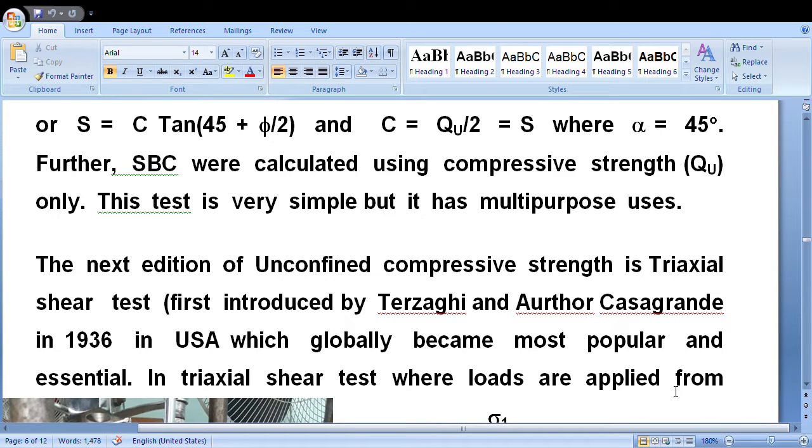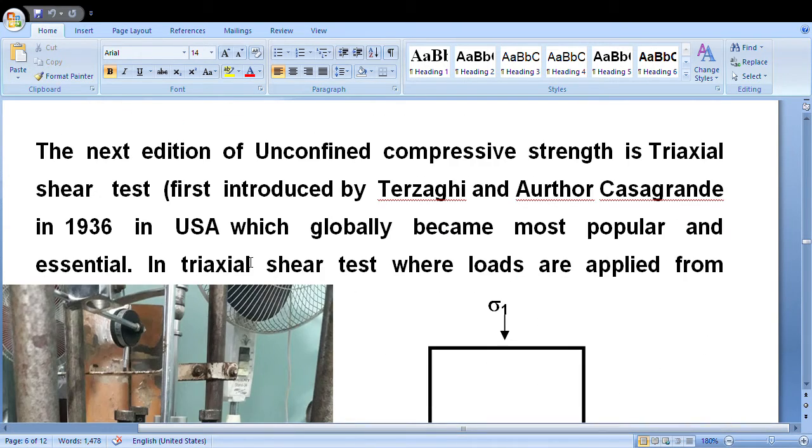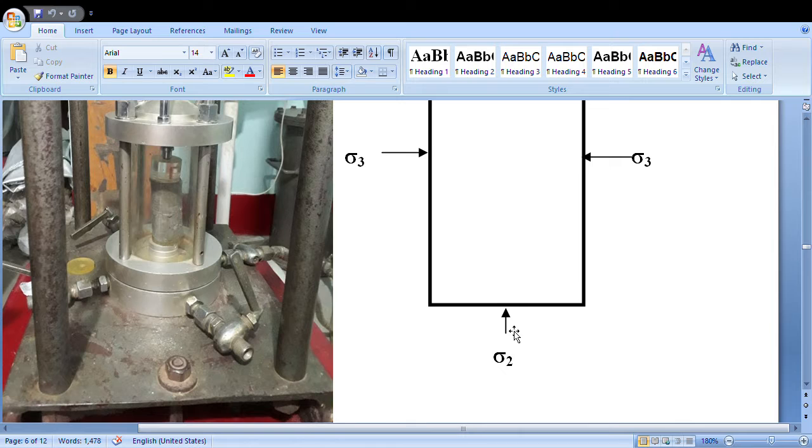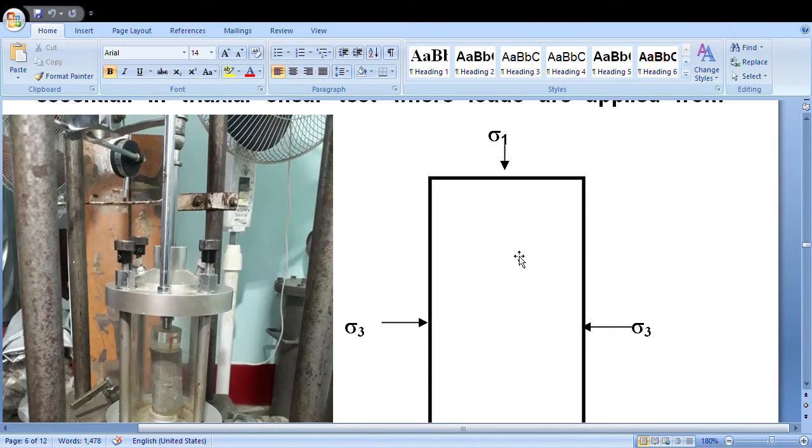The next addition to the unconfined compression strength test is the Tri-Axial shear test. It was first introduced by Terzaghi and Casagrande in 1936 in USA, and globally became the most popular and essential test in geotechnical engineering. Tri-axial means we are applying three-axial load. That is sigma 1, we are applying pressure, and sigma 2, we are getting equal reaction from this base.